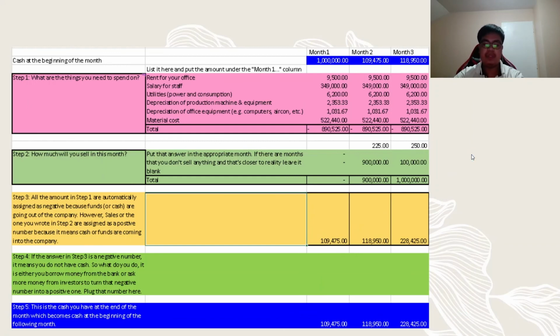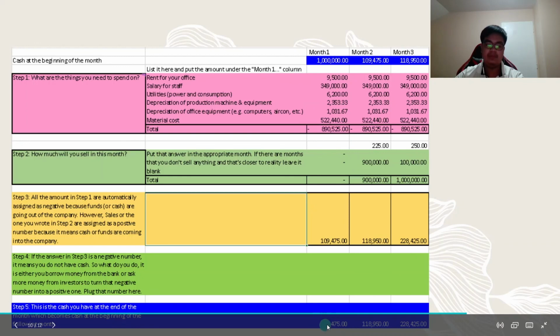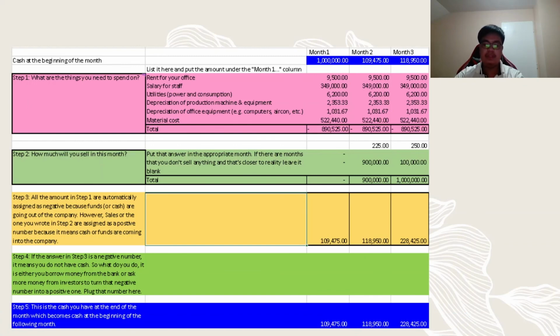Lastly, for step 5, we can see that the cash at the end of the month will be used at the beginning of the next month. Here, we have extra money that will be used in the beginning of the second month. We can also see that the company sales are steady and the cash at the end of the month is greatly increasing each month.